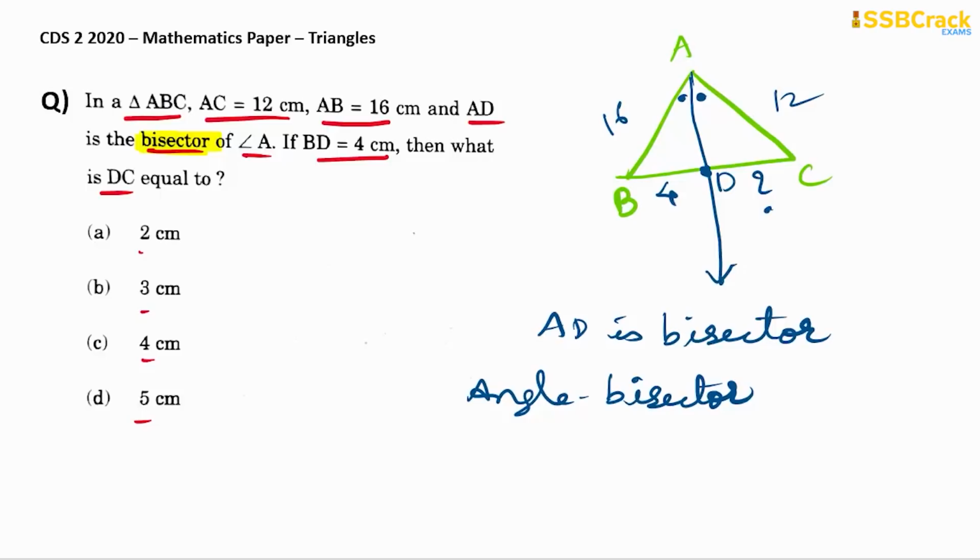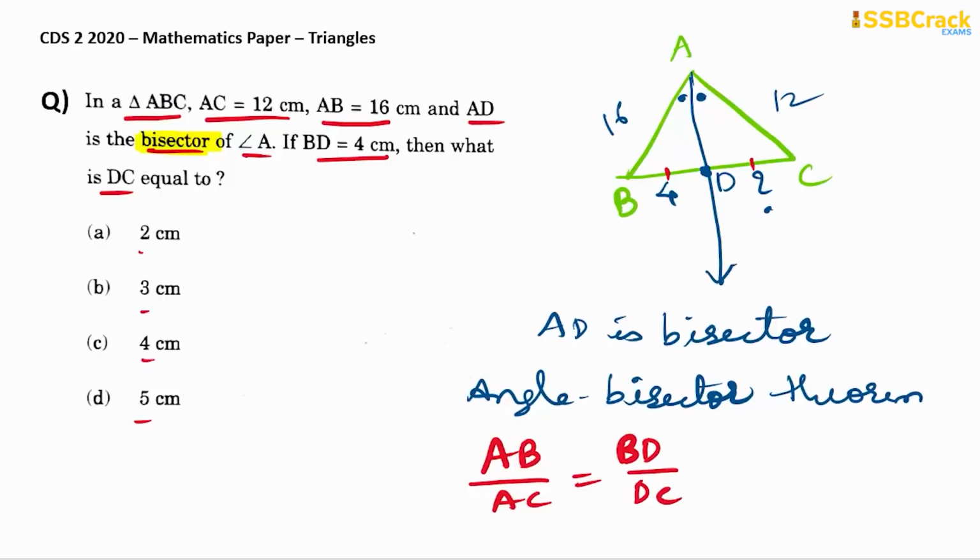So angle bisector theorem, we have that when you have an angle bisector for one of the angles in a triangle, then this ratio, that is AB ratio with AC, will be same as the ratio of the segments divided by the angle bisector ray into the opposite side, that is BD is to DC. So you just need to plug in the values provided to you. So what are they? We have the value AB which is 16, we have the value AC which is 12, we have the value BD, all the details we have.